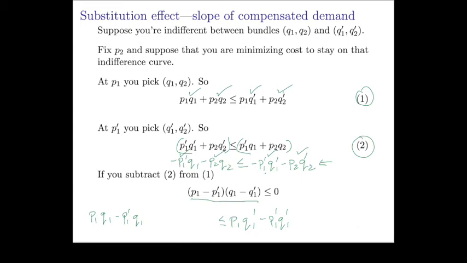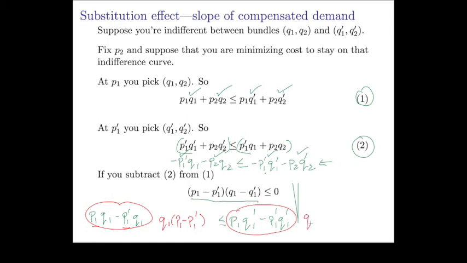Now what we notice here is that we can factor out some of these things. We can factor out the Q1 here. So we can write this instead as Q1 times P1 minus P1 prime. Again, on this side, you can factor out the Q1 prime.